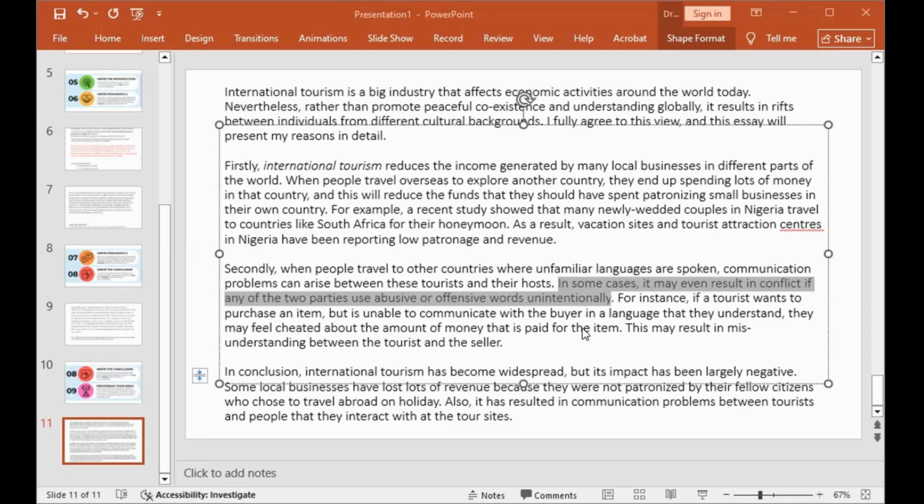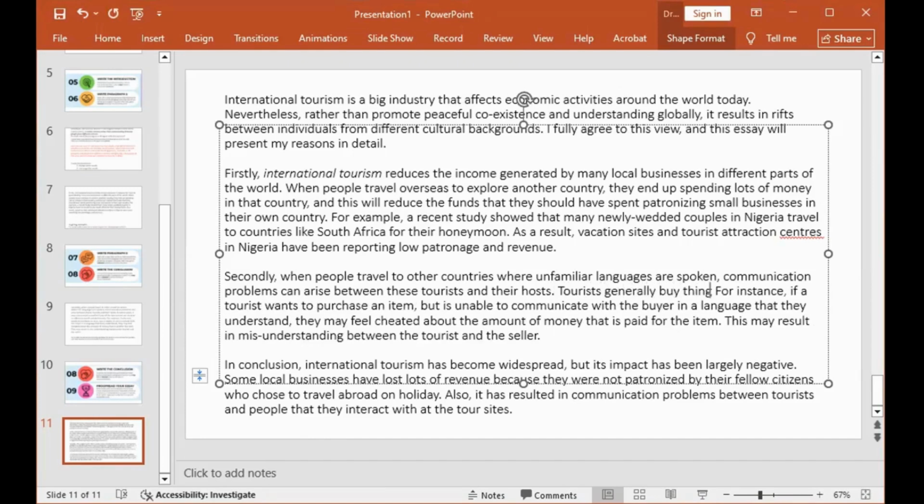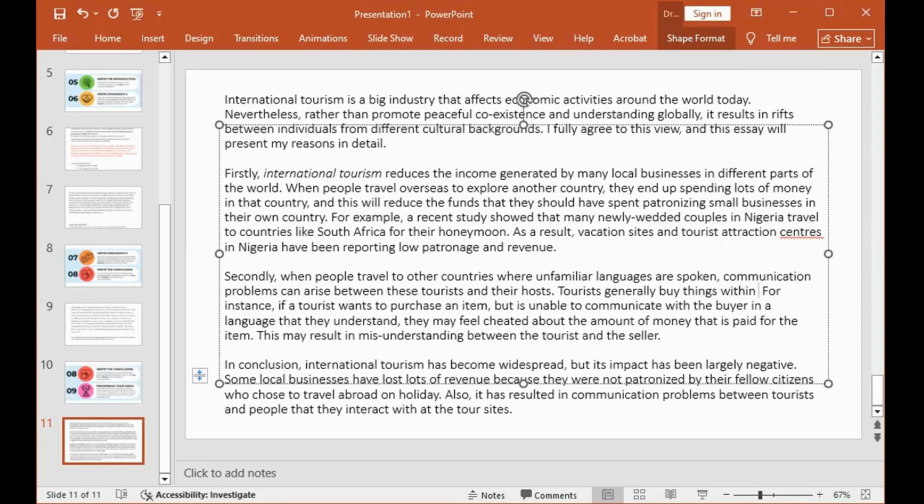Okay, I'm going to remove it. Or let me do it this way. So look at this now. Secondly, when people travel to other countries where unfamiliar languages are spoken, communication problems can arise between the tourists and their hosts. Tourists generally buy things within the community that they are exploring.